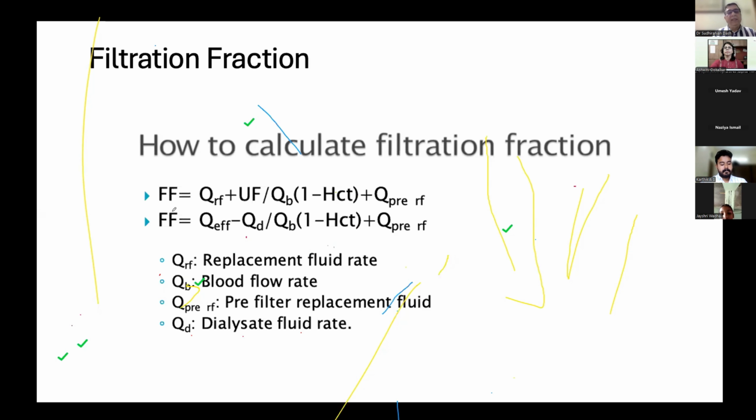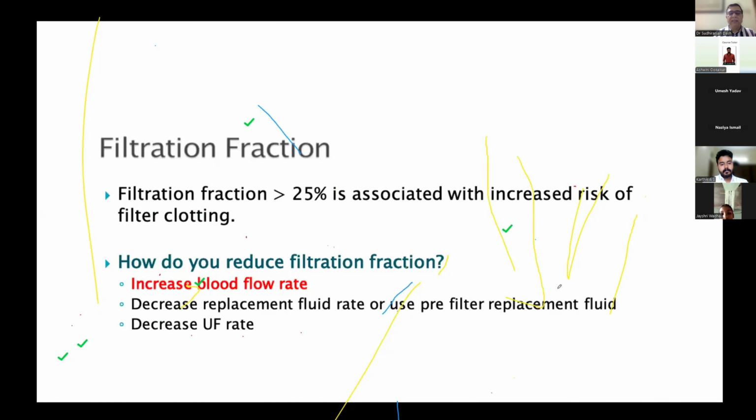In that scenario, filtration fraction is inversely proportional to the blood flow or plasma flow. So if you increase the plasma flow, the filtration fraction will go down. Most often in clinical practice, we increase the blood flow rate so that the filtration fraction is reduced.